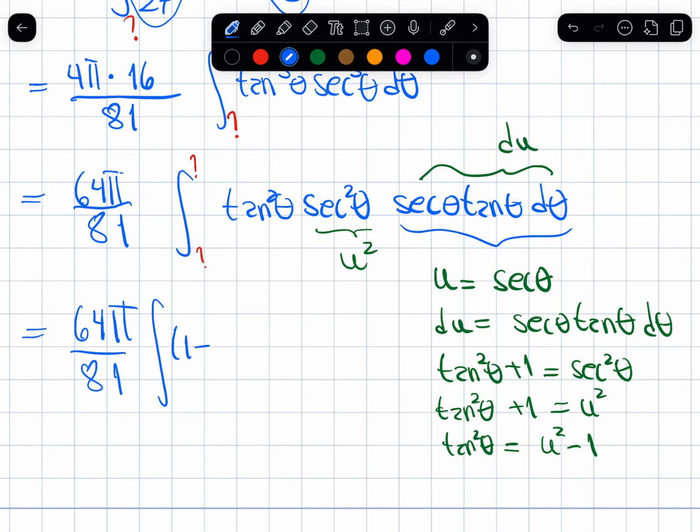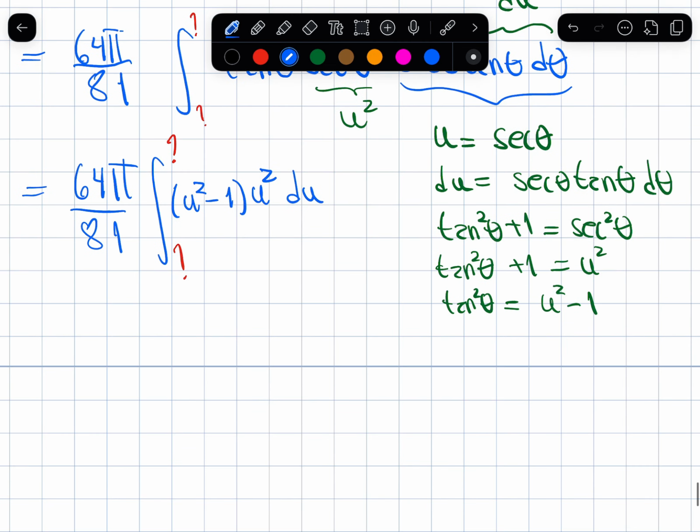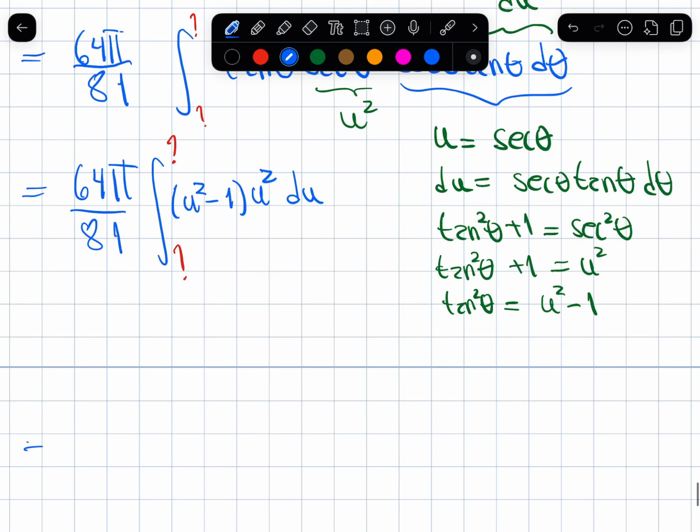As 1 minus u squared minus 1 times u squared du. And then again, I haven't looked at limits of integration at all. But this is not a problem.